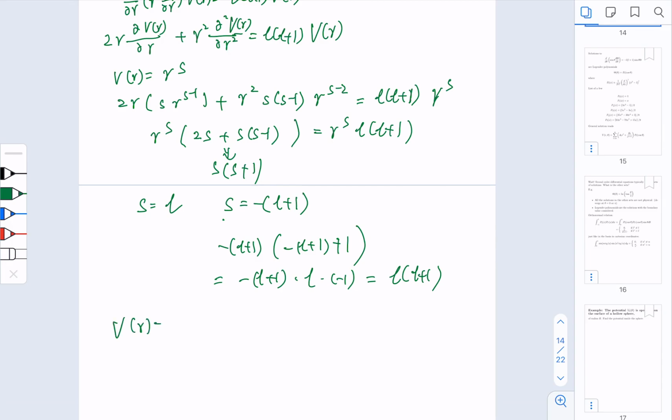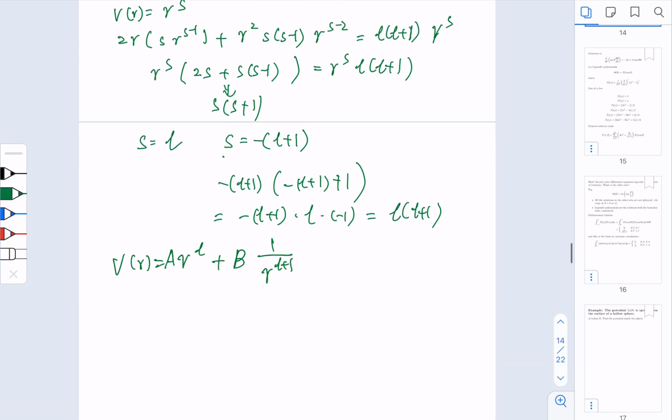On the r direction, the general solution should read like this, and here A and B are arbitrary numbers.